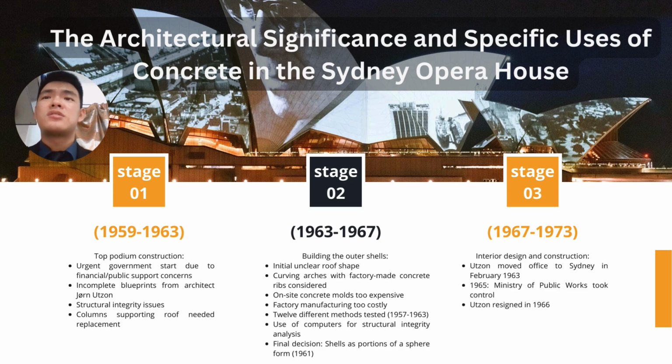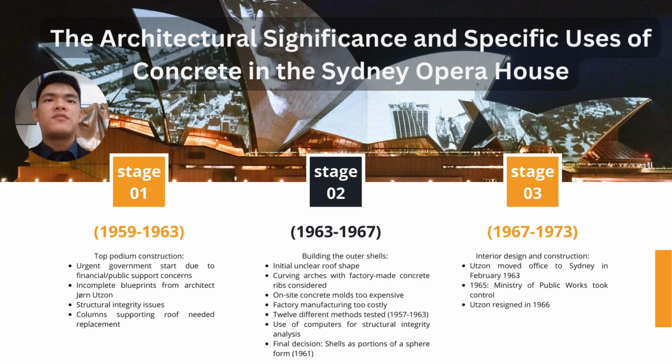And then in stage two, the shape of the building's roof shell was unclear. Designers initially considered creating curving arches supported by factory-made concrete ribs, but could not construct them due to the high cost of making molds and the distinct nature of each roof element.